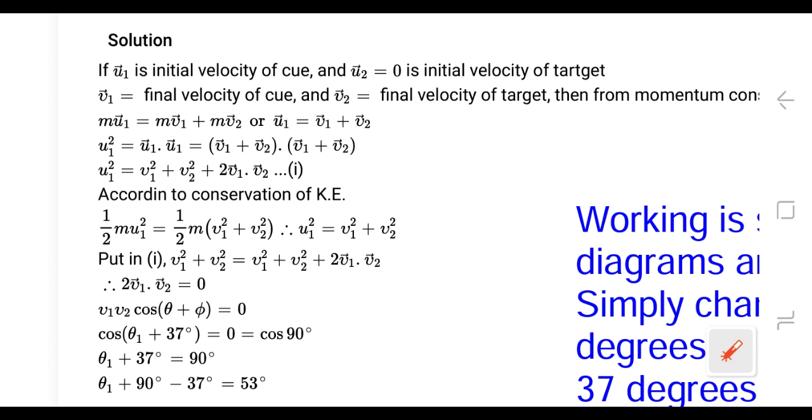Okay, but if we say u1 squared, what does it mean? u1 squared means u1 times u1, which is correct. So mathematically u1 squared is u1 times u1. So if I replace this, then in place of u1 I put v1 plus v2.